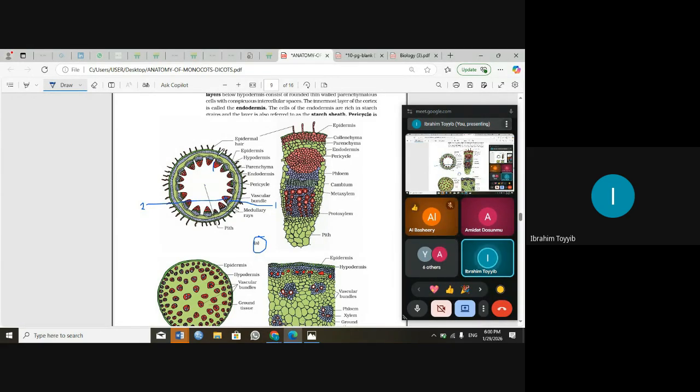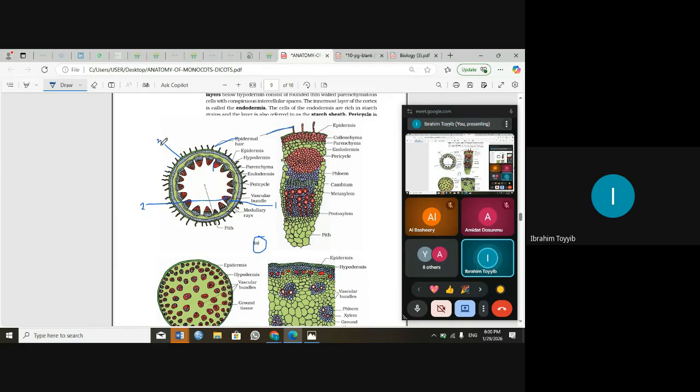Now the outermost layer of the dicot stem has some structure like the root. It's called the epidermal layer. Can you see? And the layer that follows it, who can tell me this layer, 3?